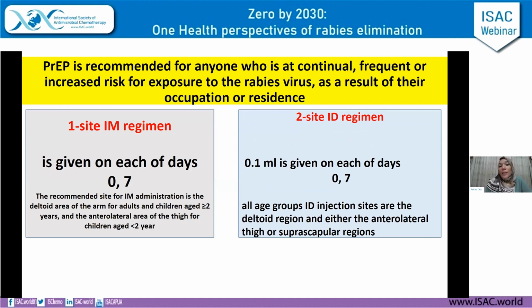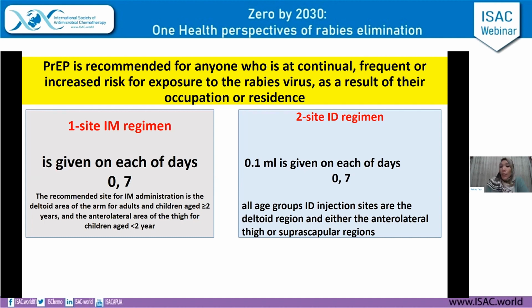It's only 2 shots, a 1-site intramuscular regimen in 1 week, or a 2-site intradermal regimen in 1 week, 0 and 7 days. Just a reminder, the injection of rabies vaccine is never to be in the gluteal region. You have the deltoid area or the anterolateral area of the thigh for children under 2 years.